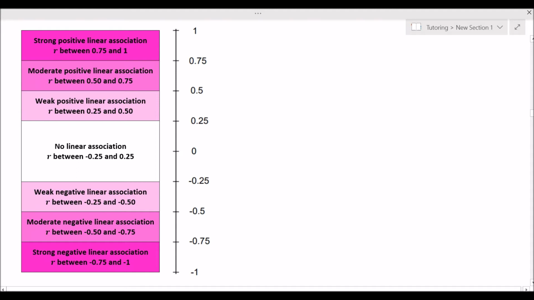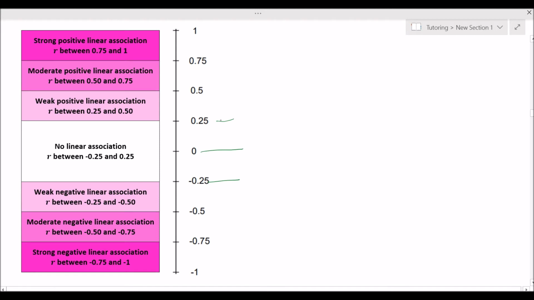There's lots of different versions of how you might classify this, but this one I like the most because it's kind of in quarters. Between roughly 0 and 0.25 in both directions, you would say there is no association. So anything below 0.25 is so weak that we would say there's no association.